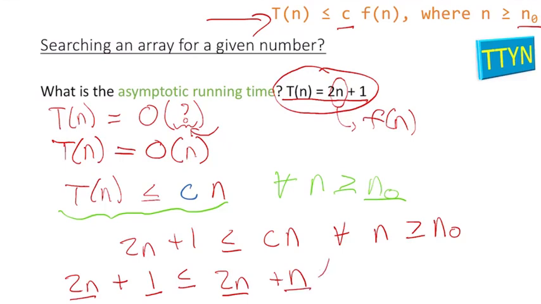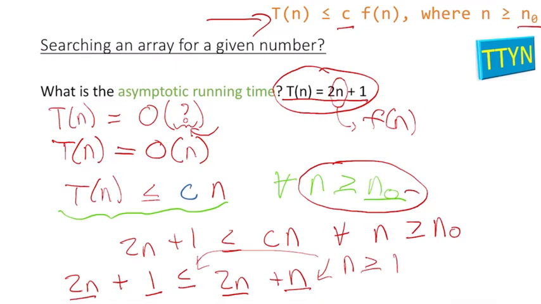That is true as long as n is greater than or equal to 1. So this inequality is true as long as n is greater than or equal to 1. You'll notice that looks like what we have up here. For this example, n naught will come from that little inequality. Sorry for running out of space here. I'll have to cram in the rest of this example.